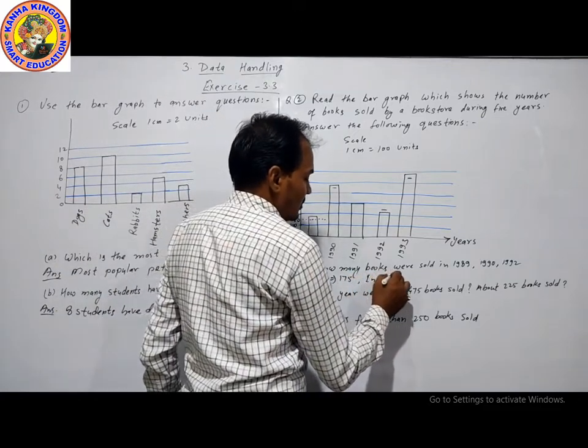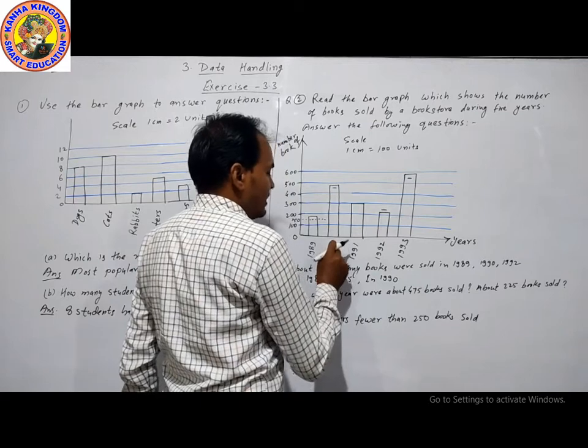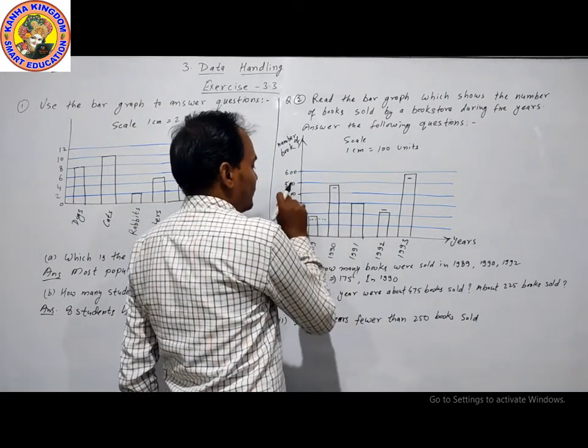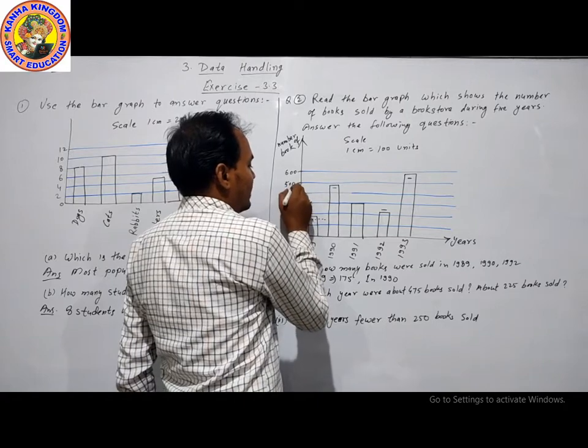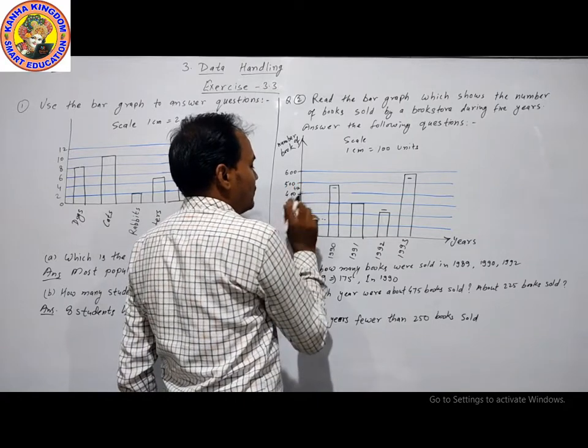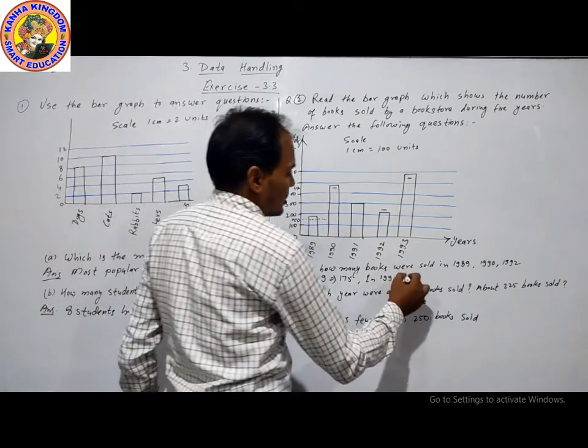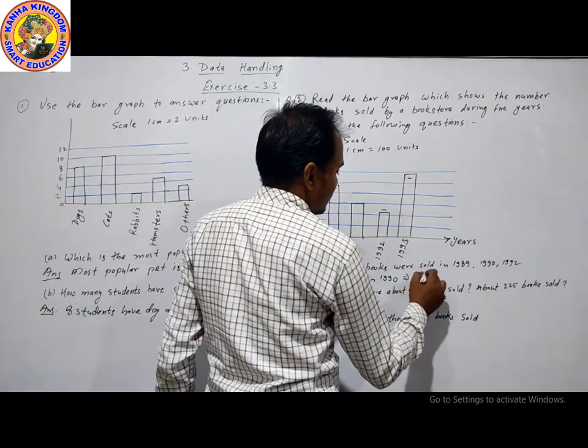In 90, this is between 400 and 500, which is 450, and above 450 is 475.